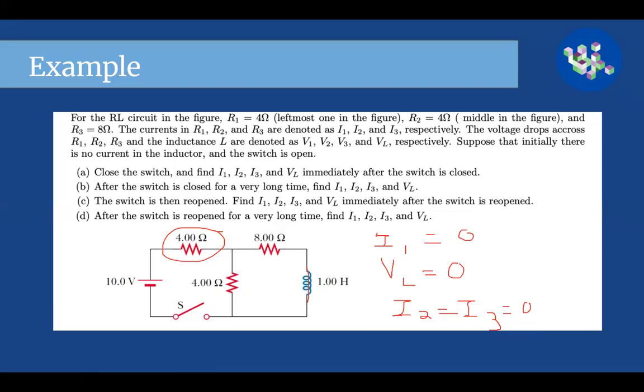All the current will dissipate through the resistors, and there'll be nothing left. So I2 equals I3 will just be 0. Are there any questions about that? This is similar to an RC circuit, right? After a very long time, everything decays to 0.